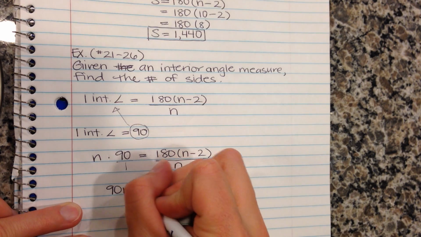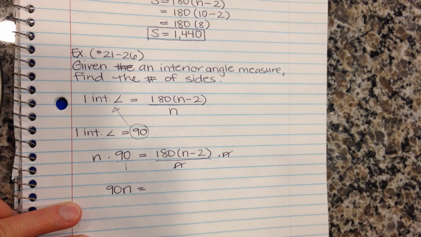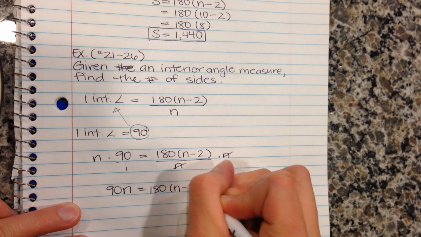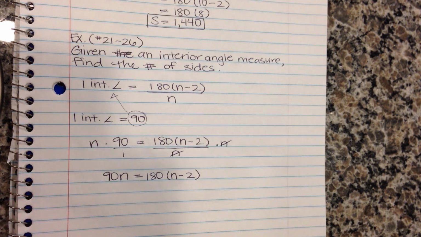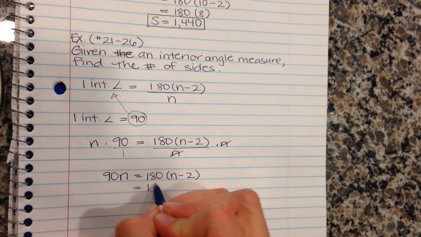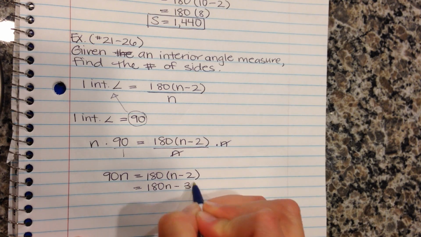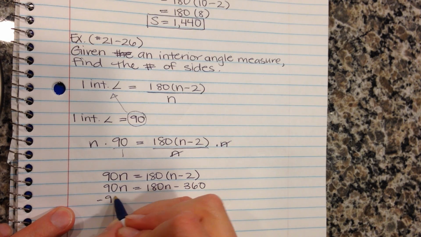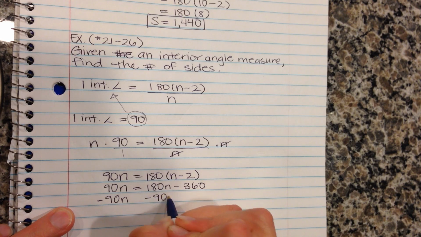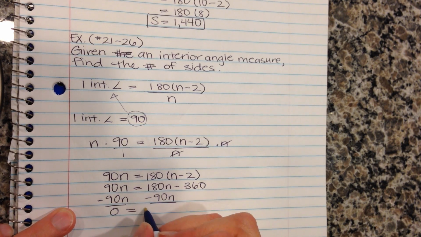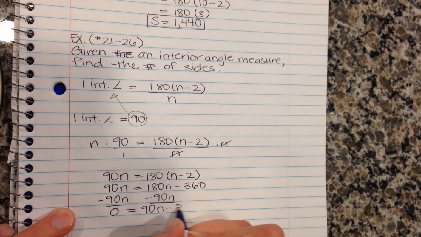So 90 times n, these cancel out. 180 times n minus 2. I'm going to simplify the right side because now this just turns into an Algebra 1 problem. So distribute my 180, that's 180n minus 360, 90n. Subtract 90n from both sides. It gives me 0 on this side equals 90n minus 360.